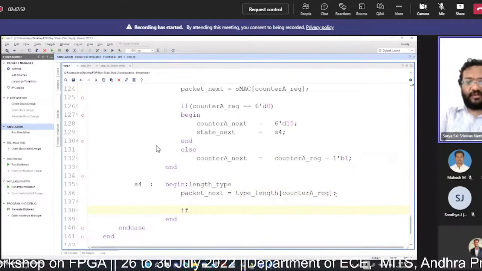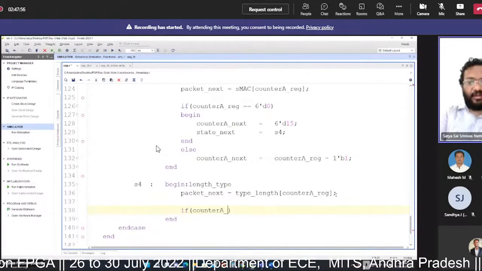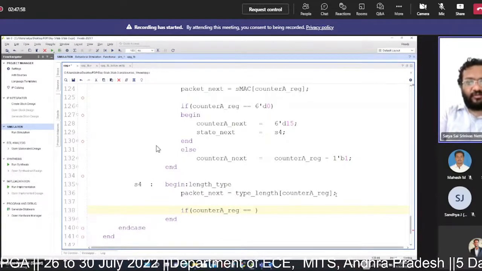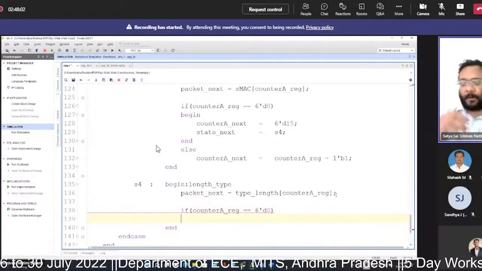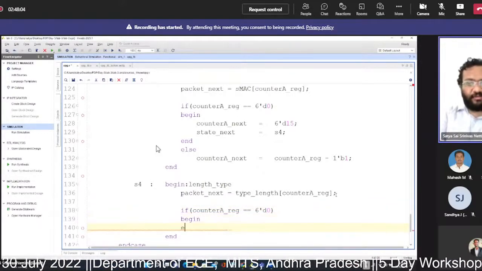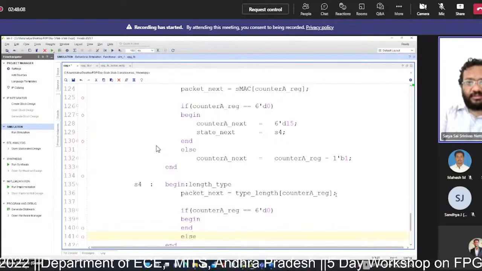So for that, again, counter A underscore reaches the maximum value, else what I'm supposed to do?